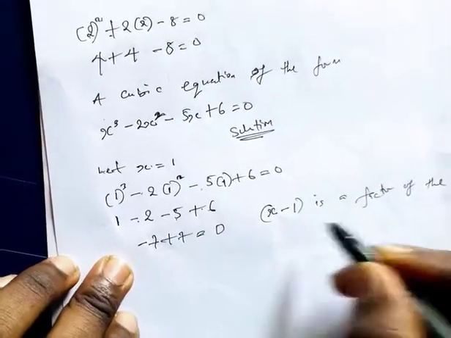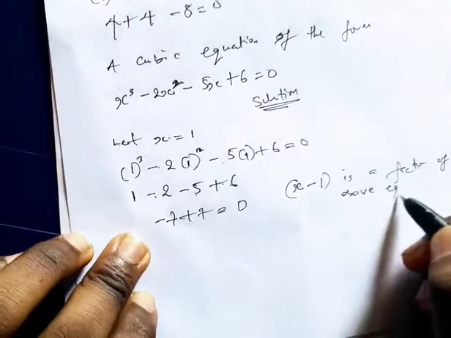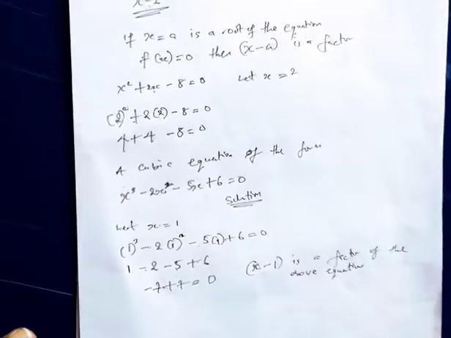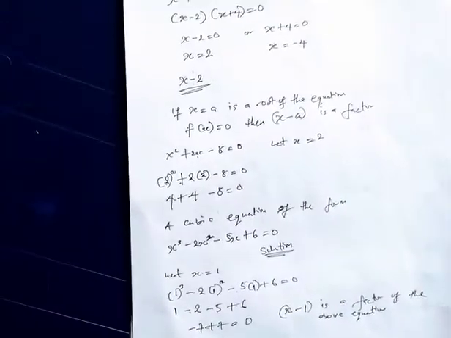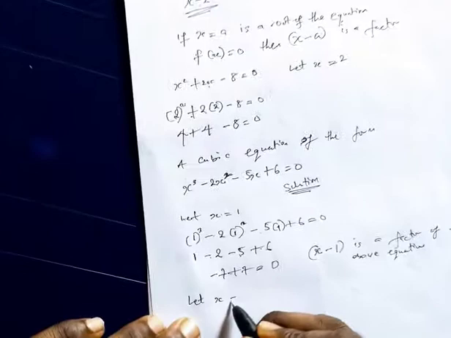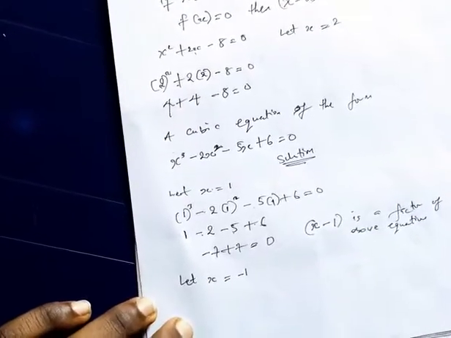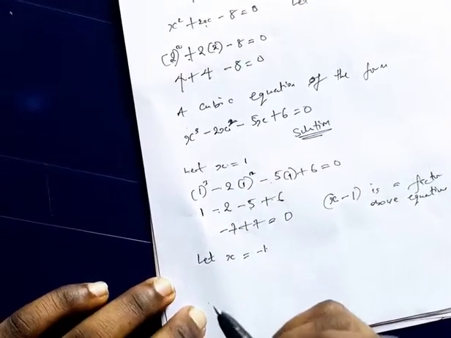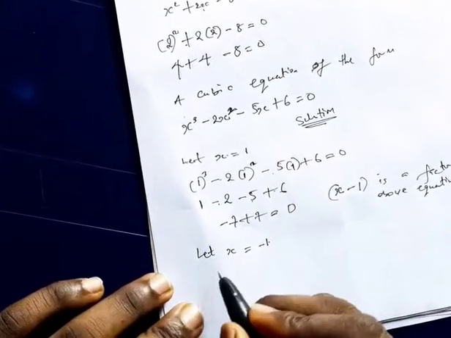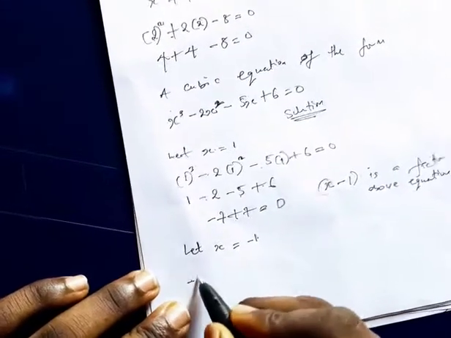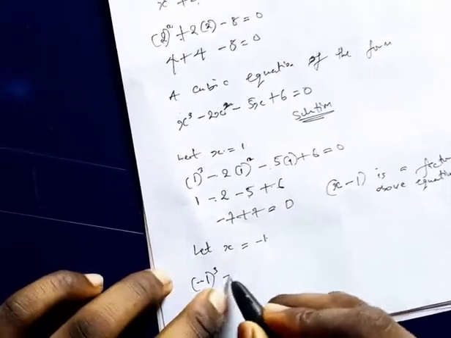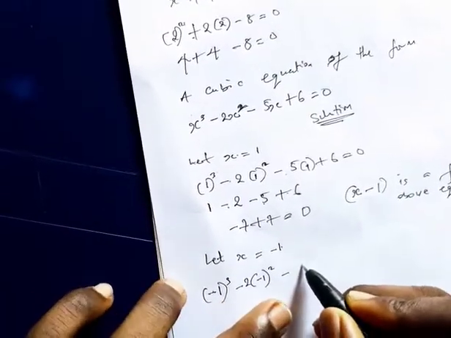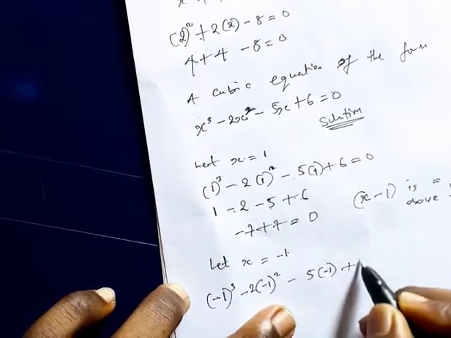Now we can see that x minus 1 is a factor, so we continue trying other numbers. So let x be equal to negative 1. We try from a positive number to a negative number, then we see how we can get the factors out. So I get negative 1 cubed minus 2 times negative 1 squared minus 5 times negative 1 plus 6.